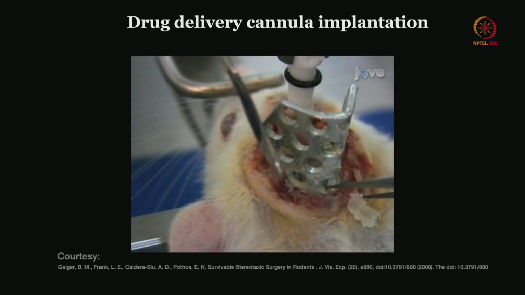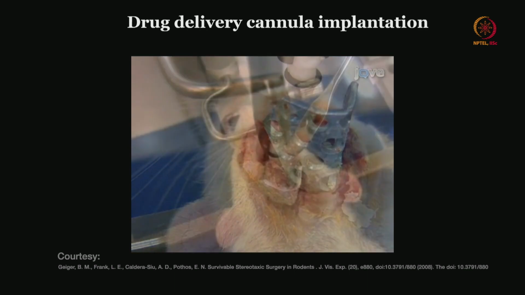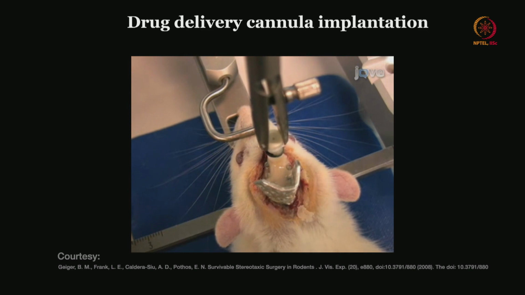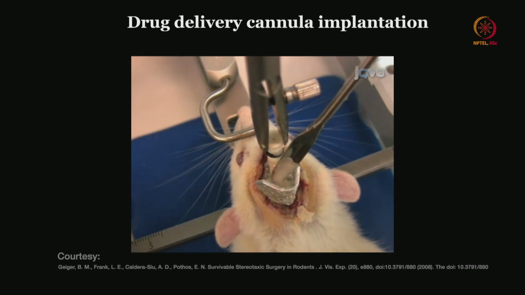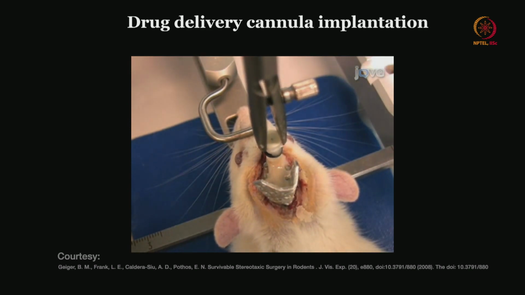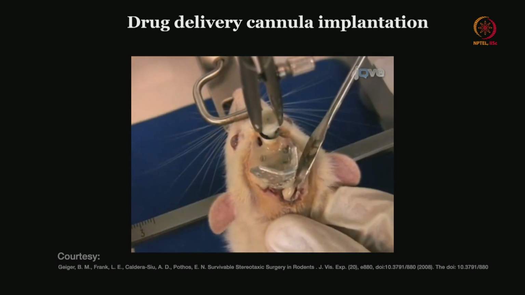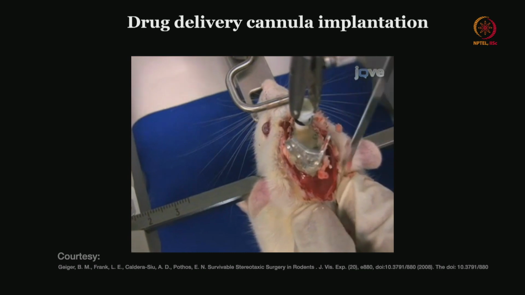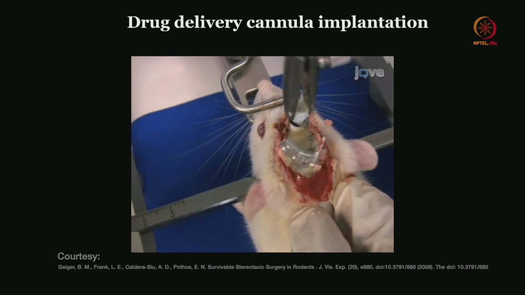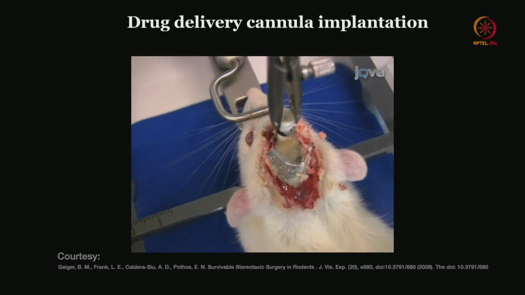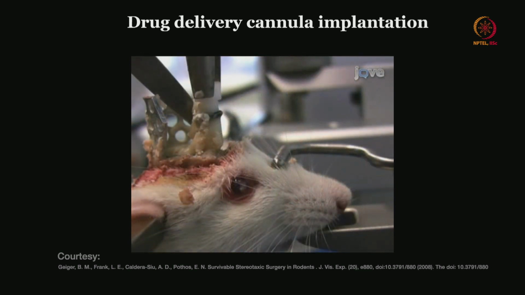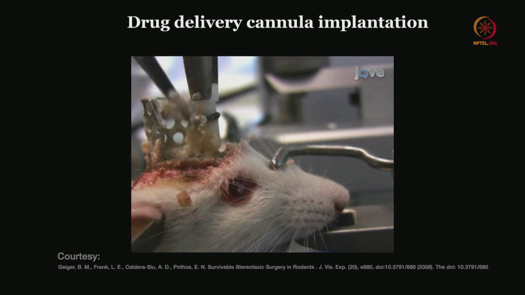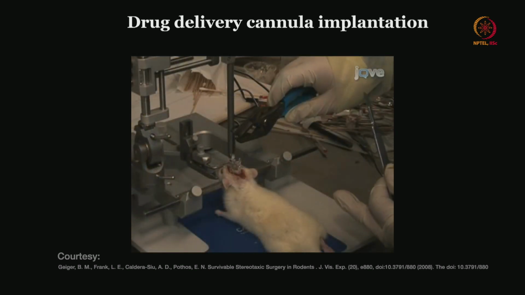You can have these sorts of constructs to make sure that it does not overflow beyond the edges of the skin, and it also prevents overflowing onto the eyes and other unwanted areas, and gives a nice good shape for your implant, which will make sure that it is implanted rigidly onto the skull. So it forms a sort of crown all around the implant. In this case it is the drug delivery cannula.